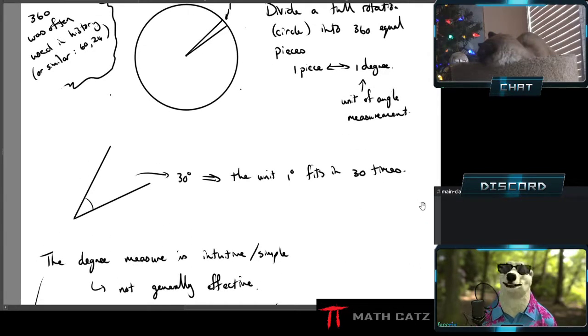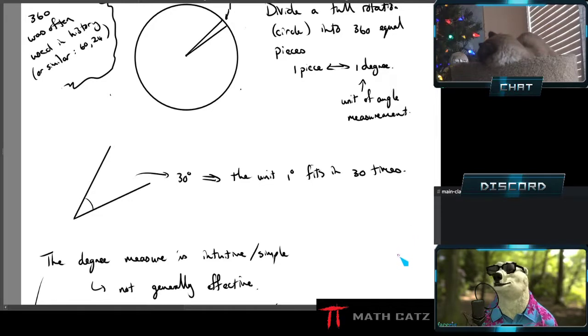But it turns out in this mathematical world and language, when things get a little fancier, the degree unit is not the ideal thing to work with.